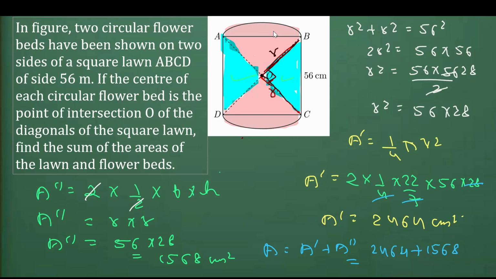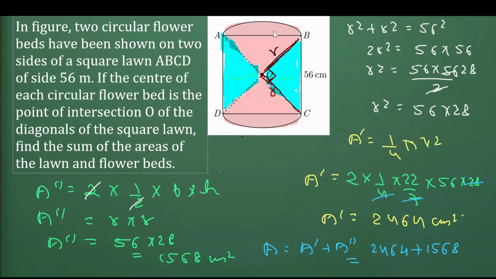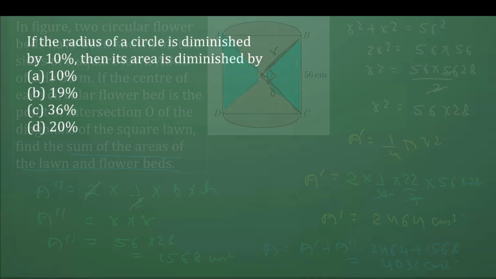So if I add 2464 with 1568, I'll get this area, and the total area will come as how much? 4032 centimeter square. That's how we got the sum of the areas of the lawn as well as the flower bed. There are alternate ways by which you can do it, but I find this easier.